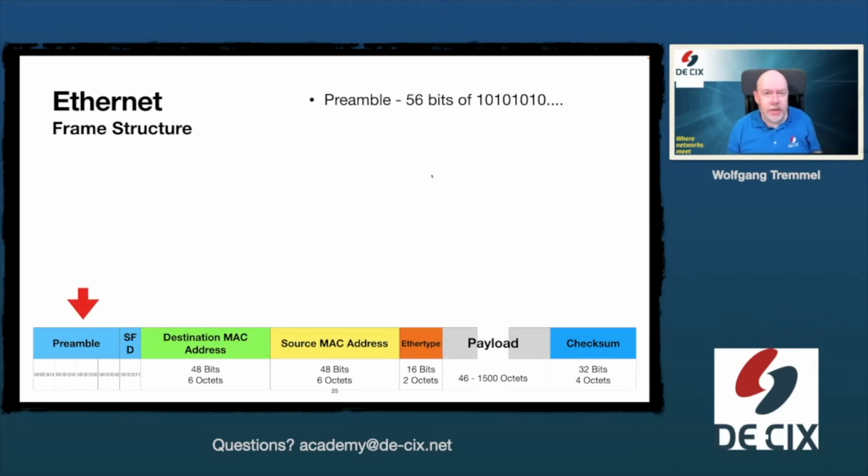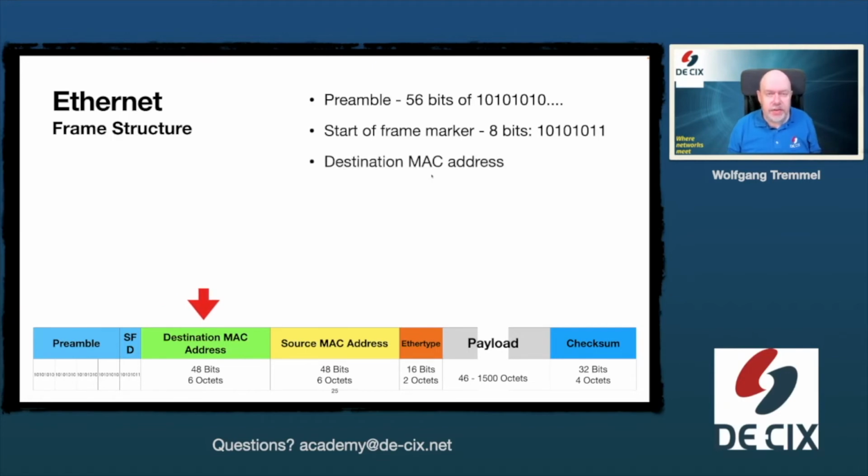As soon as a station receives this 11, that means attention, an address is following. So next is the destination address. A receiver must check if this matches its own hardware address. The address of an Ethernet card is built in hardware, usually.